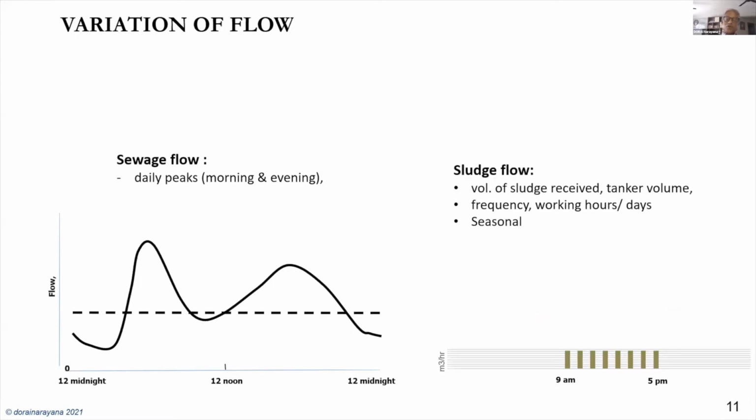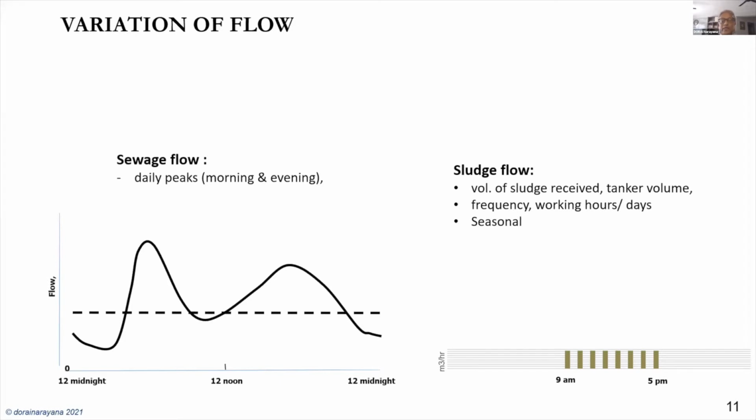But how does the sludge flow vary? Here, the sludge flow does not vary in the same way. It depends on the operating hours at which the sludge is received in the treatment facility. Usually it is normal working hours of 9 to 5, for example. So that's when the tankers arrive. And then it depends on the tanker volume, how many tankers arrive, and the frequency of emptying of the containments.